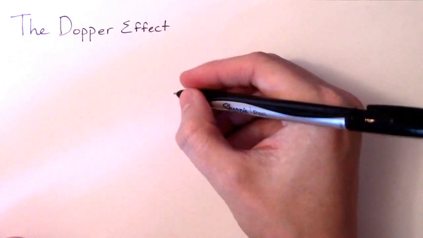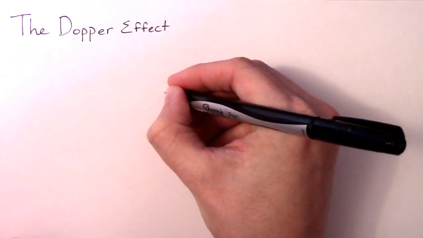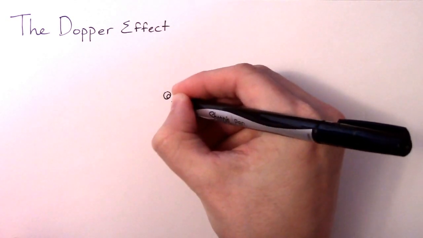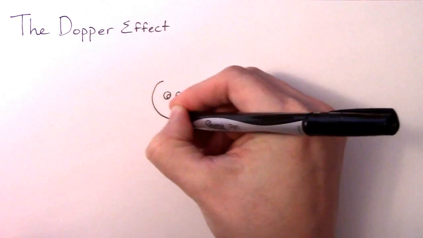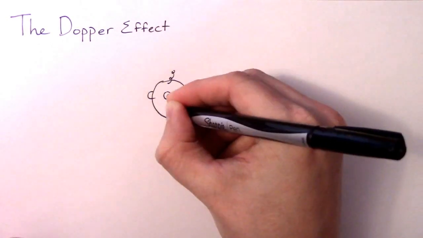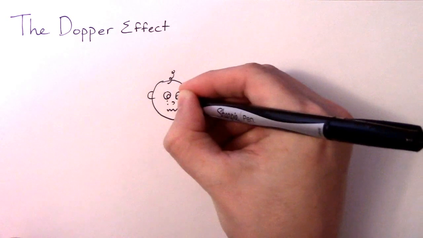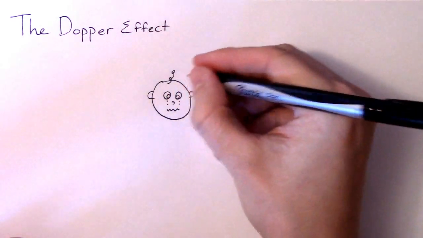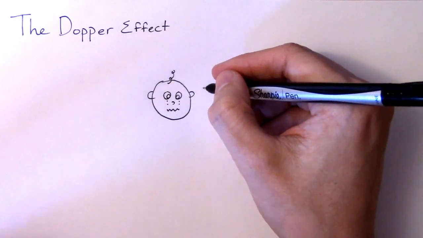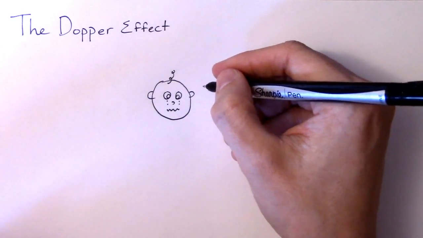So let me give you an example. If I have a screaming child here, let me draw a little baby, no different than my little baby who's in that screaming phase. He is wailing at the top of his lungs, emitting a sound.